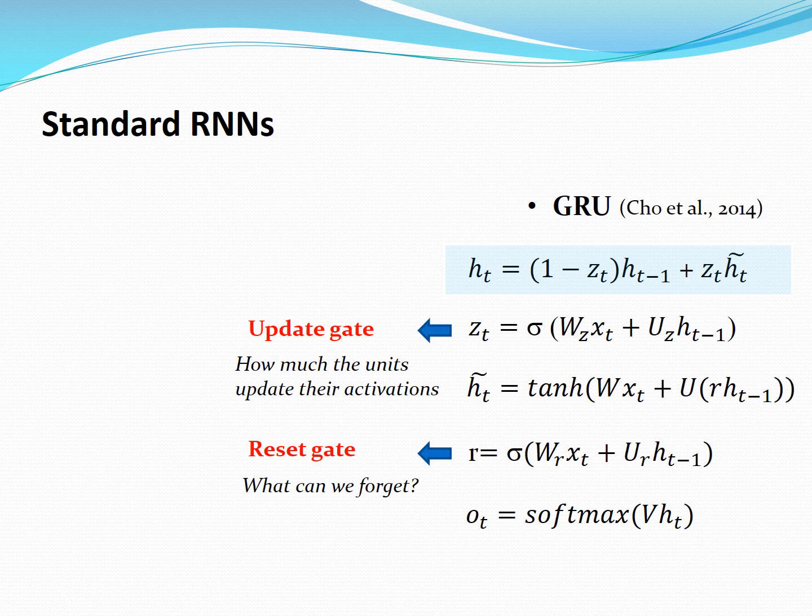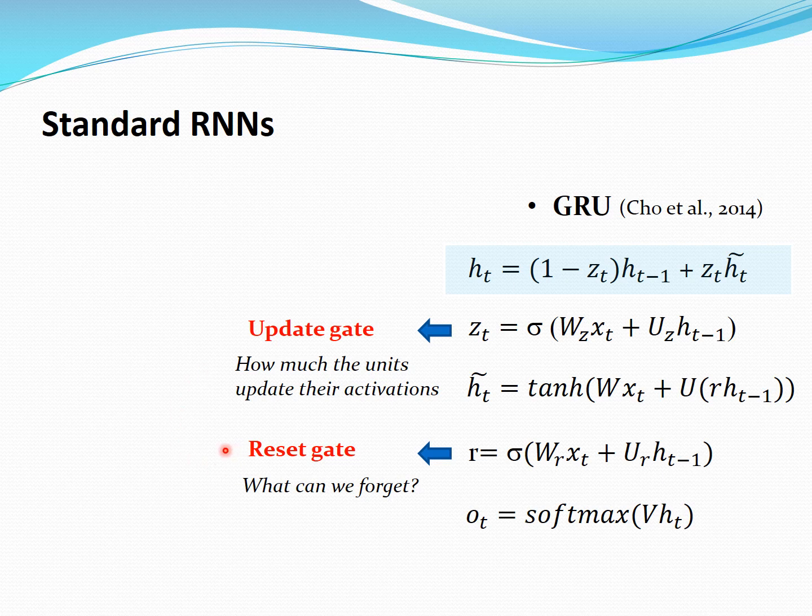Well, according to my speech recognition experience, an alternative that generally provides a performance similar to that of LSTM is the gated recurrent units proposed by Cho in 2014. GRU are actually a simplification of the LSTM model because we only use two multiplicative gates. The first one is the update gate, which decides how much the units update their activations.